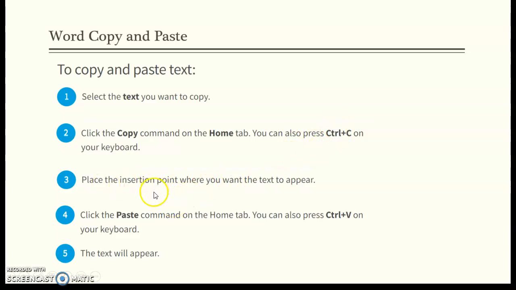Then bring your cursor and click where your new location would be, and you can click Paste, which is the yellow clipboard icon in the top left corner in the Clipboard area, or Control V, or right-click and paste to your new location.